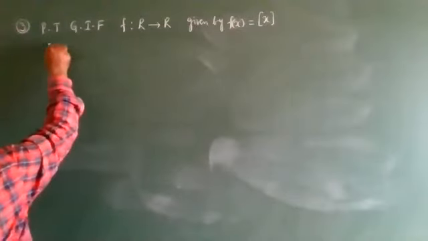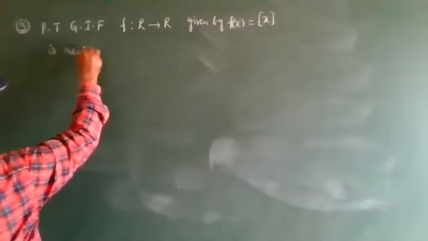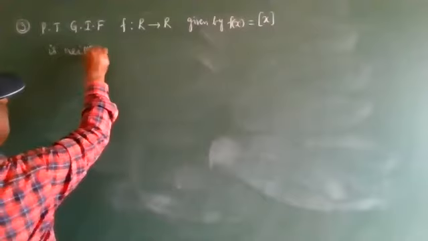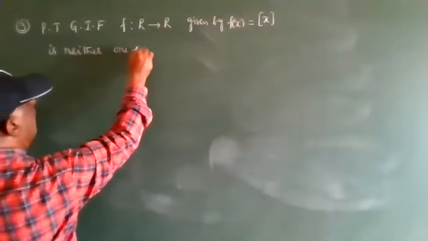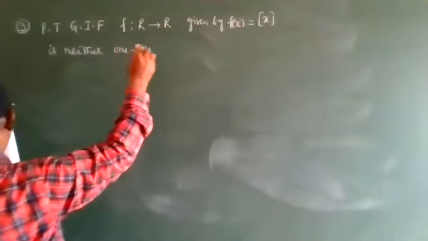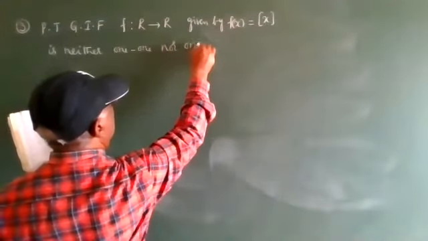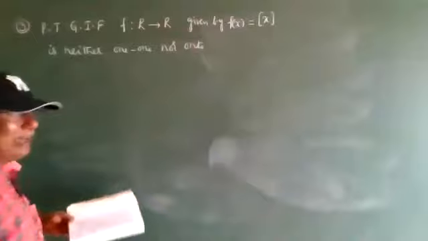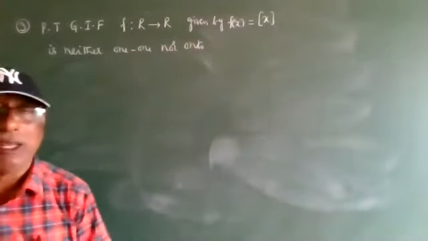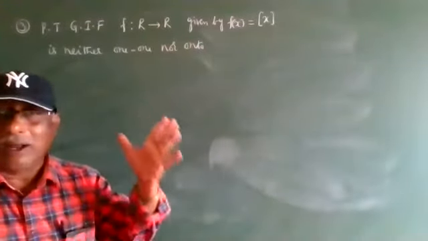The answer is already given. How can you prove this is neither one-one nor onto?